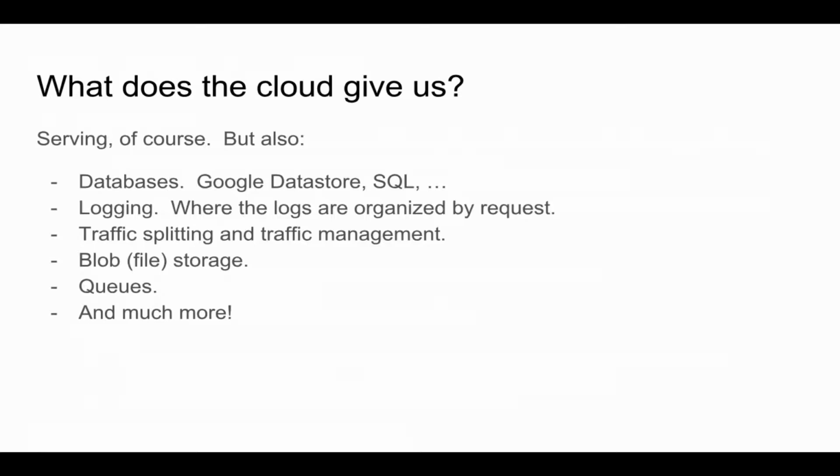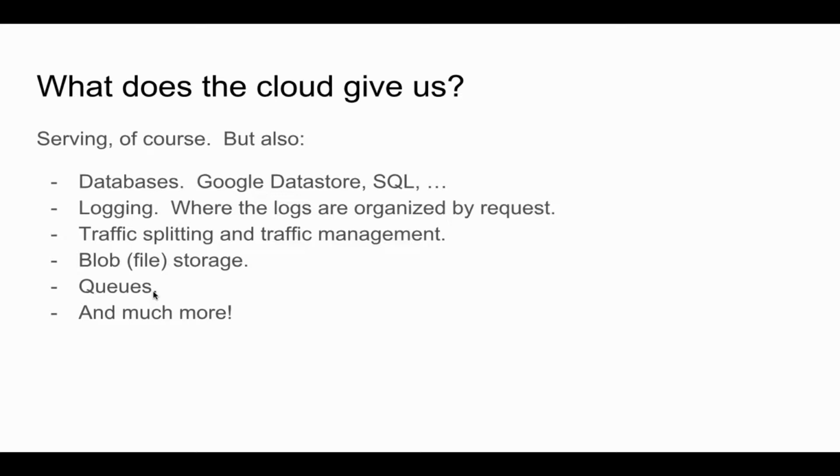We have already seen that this can work for storing files in Google Cloud Storage, for instance, in the previous lessons. But you can also have managed databases such as Google Datastore or SQL. You can do traffic splitting, traffic management, where by traffic it's intended web traffic, so where to serve the requests. It can give you queues, it can give you Memcache, it can give you a lot of other services. There is really a wide set of services.